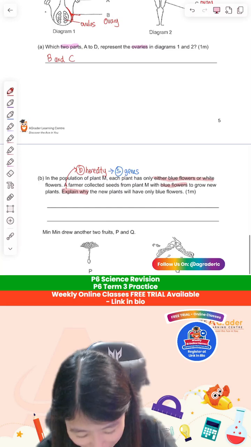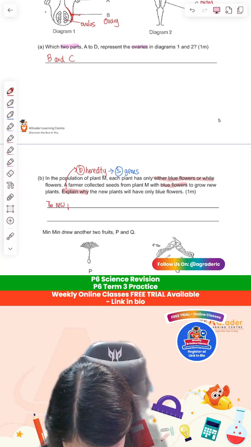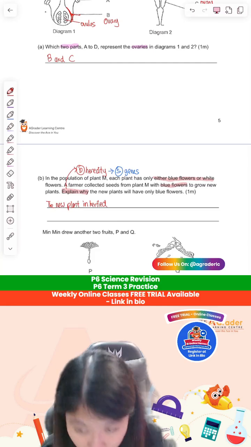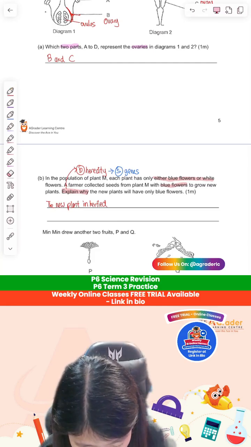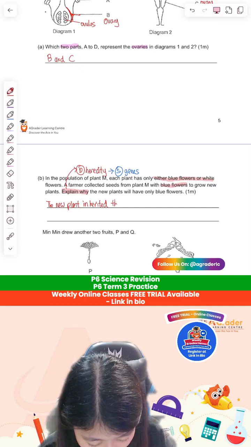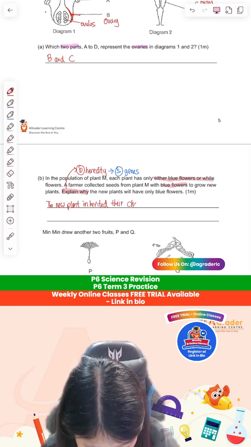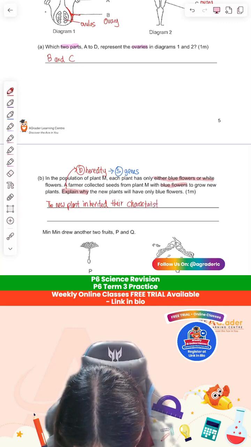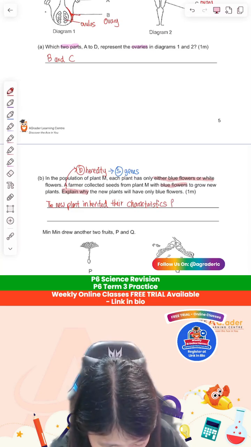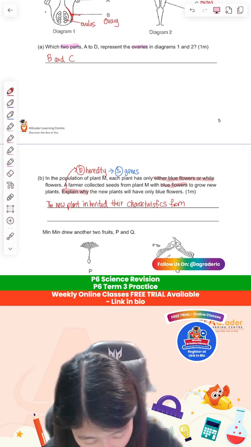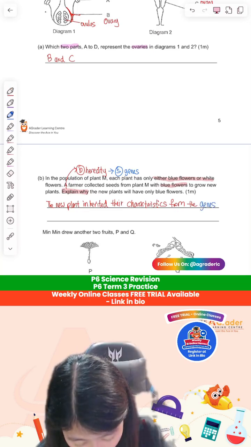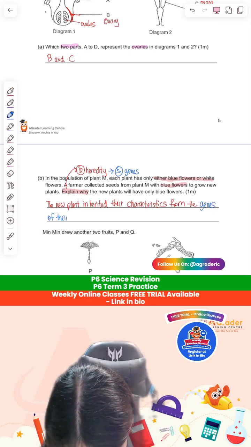Okay, so you have to say that the new plant inherited their characteristics from the genes of their parent plant, of their parents.